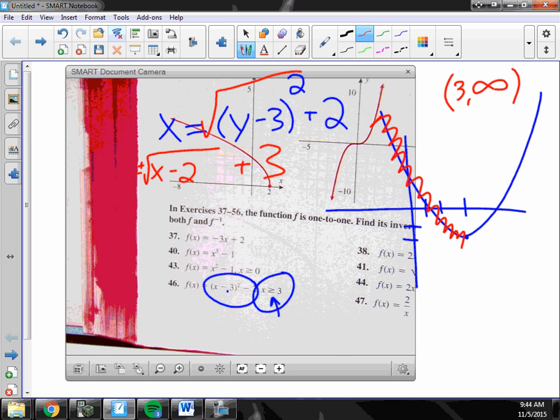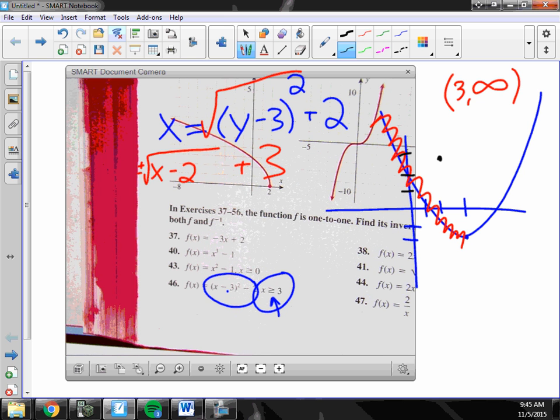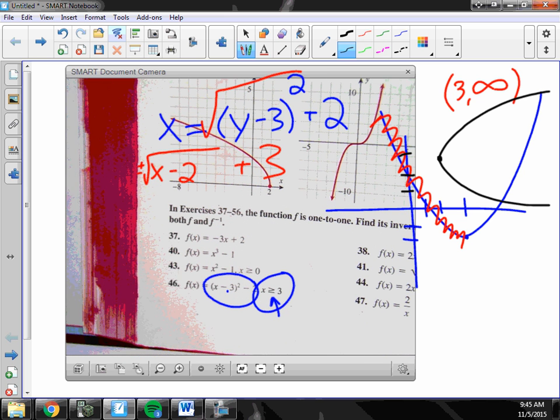Am I doing both the plus version and the minus version? Well, let's look. So I'm going to go right 2 and up 3. The plus version would look like that, and the minus version would look like that. Which one is a mirror image of the original?